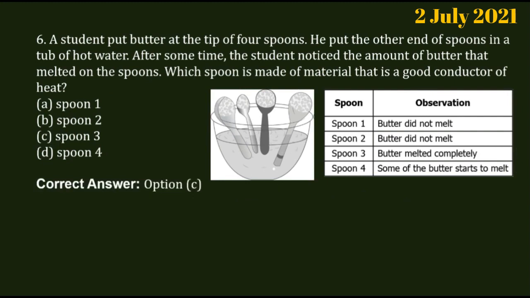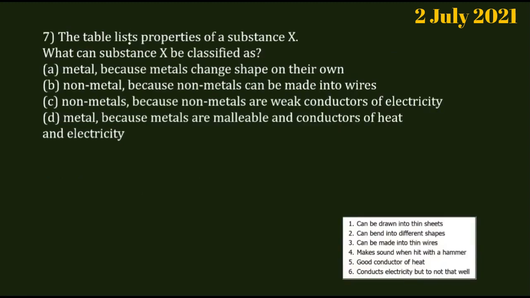Next question, the 7th question. The table lists properties of substance X. What can substance X be classified as? Now look at the properties here. Can be drawn into thin sheets: definitely a metal. Can be bent into different shapes: again a metal property.